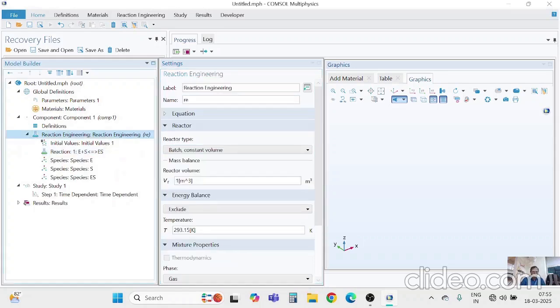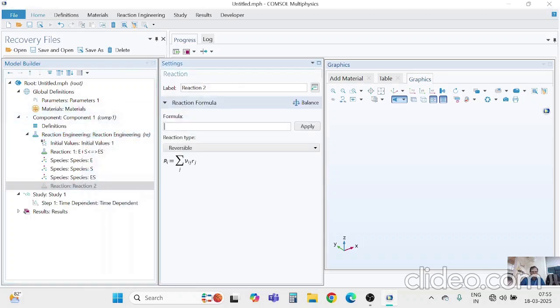The next reaction is ES further reduced to E plus P.